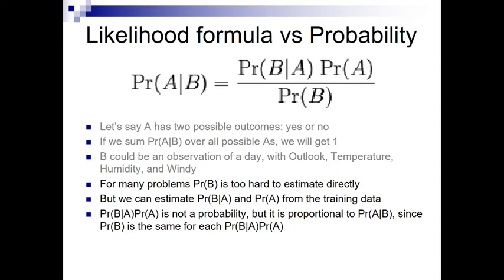Okay, and I've already said, sometimes the probability of B is too hard to estimate directly. But what we can do is estimate the probability of B given A from the data that we have.